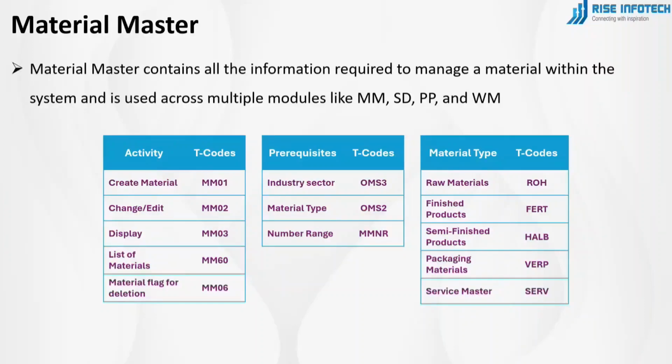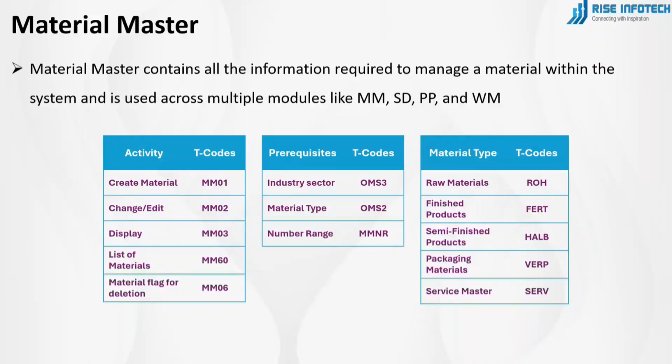To create a material, it is MM01; to change or edit the material master, it's MM02; to display or just view the material you have created, it is MM03; and to see the list of materials, MM60. If a material needs to be deleted or removed, we use flag material for deletion, and the T code for that is MM06.